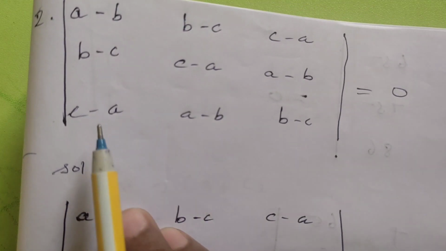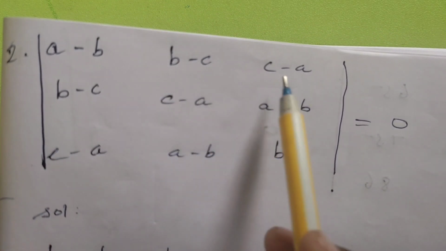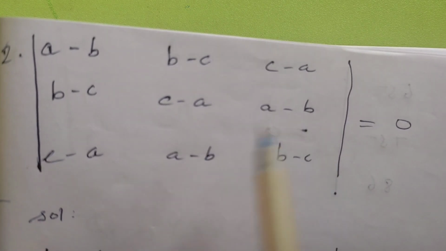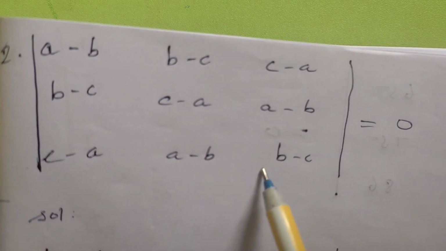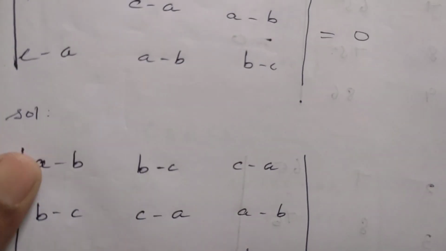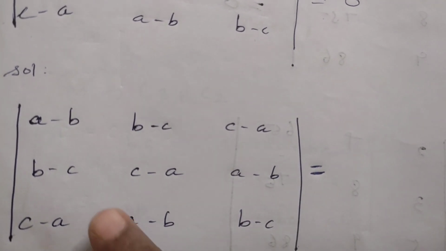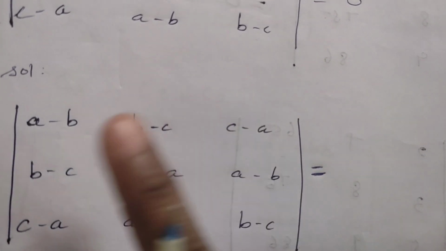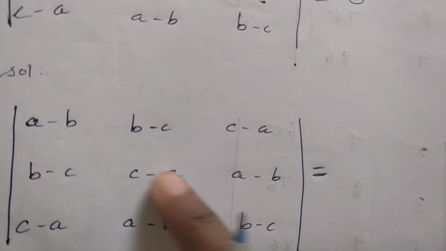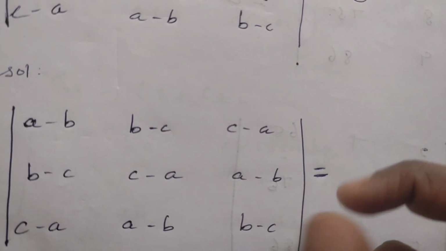The next question. Determinant of a minus b, b minus c, c minus a; b minus c, c minus a, a minus b; c minus a, a minus b, b minus c is equal to 0. So the given determinant is here. Now I am going to make one of the rows or columns completely 0, so that when I find the determinant value, it will become 0.